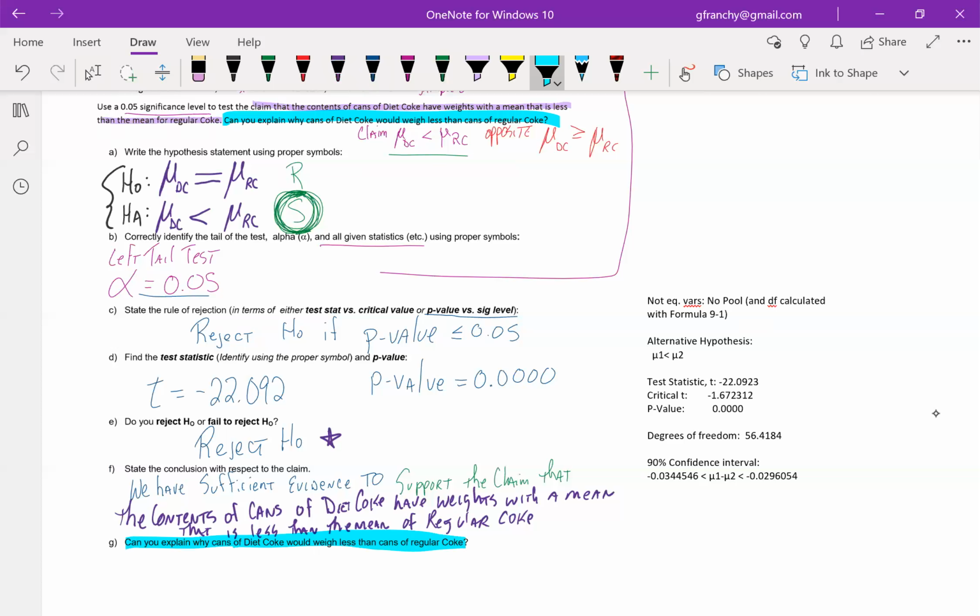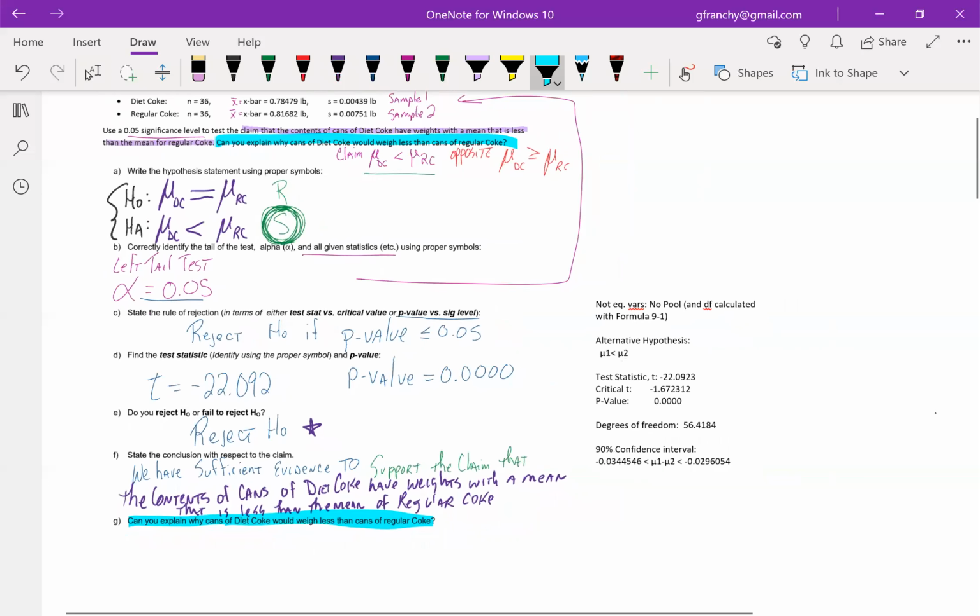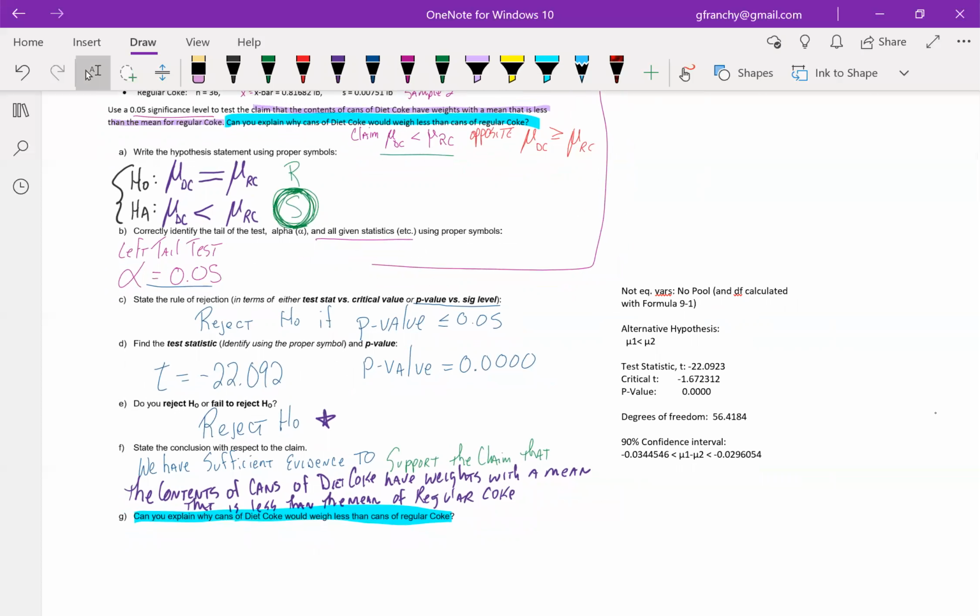Now to explain why cans of Diet Coke would weigh less than cans of regular Coke. This has nothing at all to do with statistics. This has everything to do with our knowledge of cans of Coke and Diet Coke.